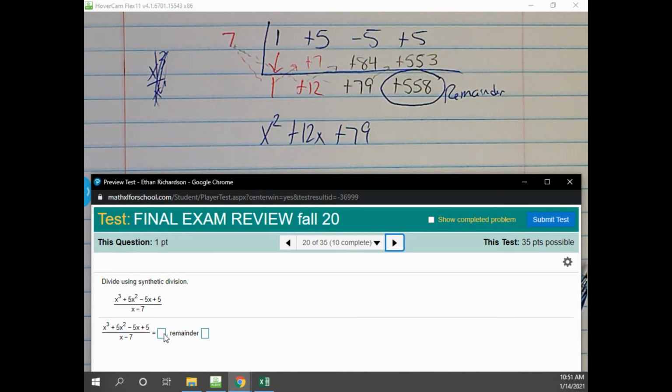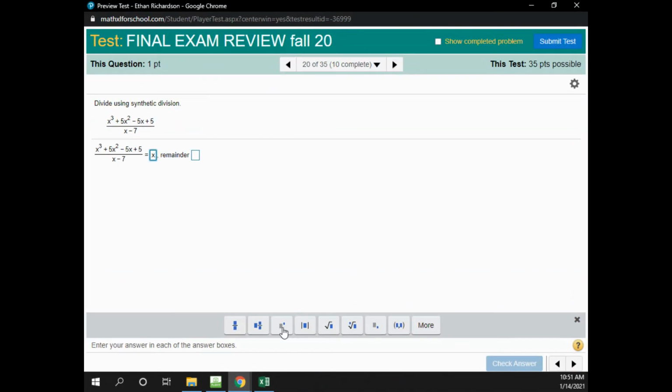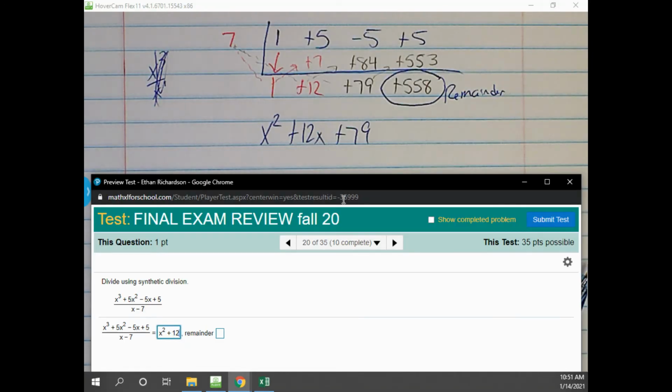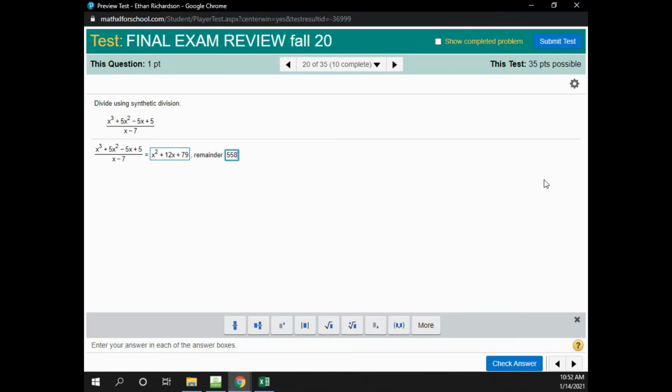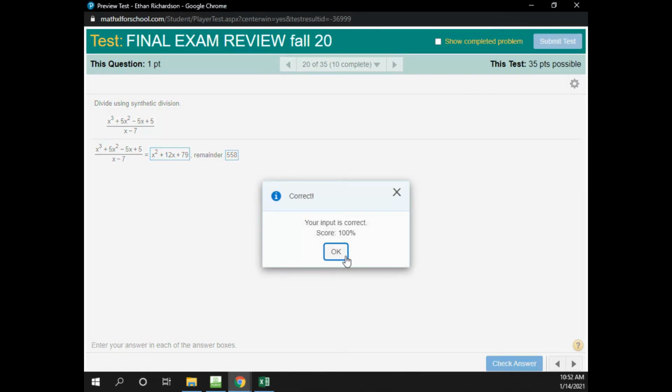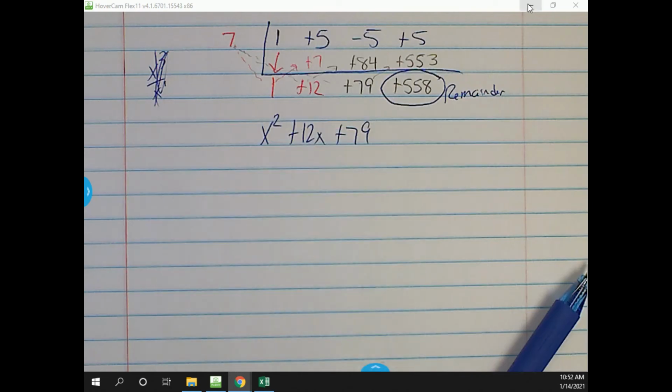Okay, so x squared plus 12x plus 79. And tab over here to your remainder, that was 558. And we check it, and there we go, and then we're good. Okay, so you've always got to remember to go back and put the variables in there to make it work out.